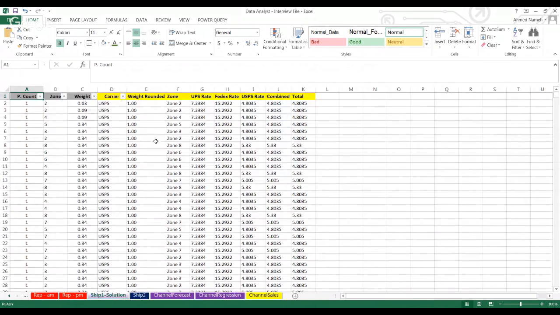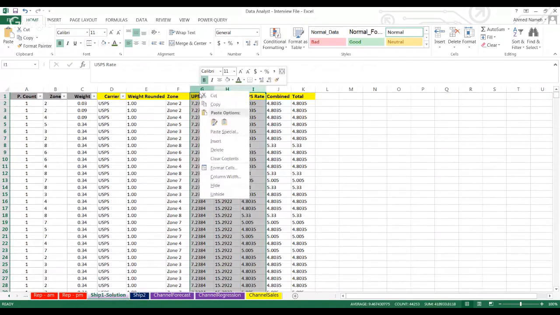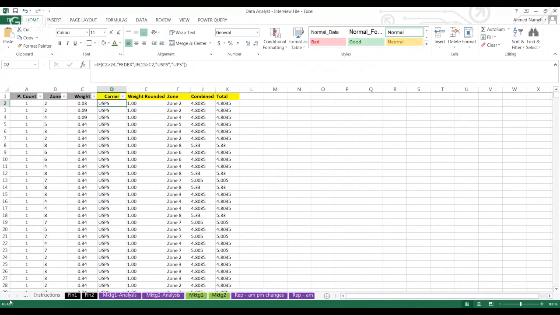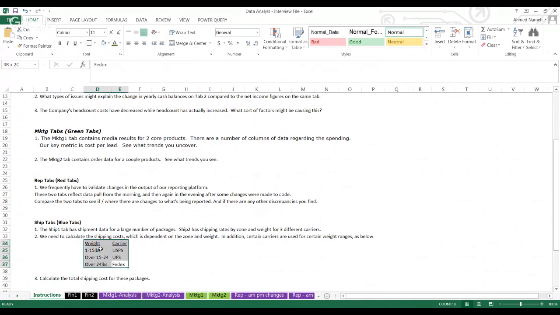Now, moving on to my solution. The first thing I did was to try and figure out which carrier would be appropriate for each of these line items based on the information that we were provided in the instructions tab. So this right here. Let's just copy that over.